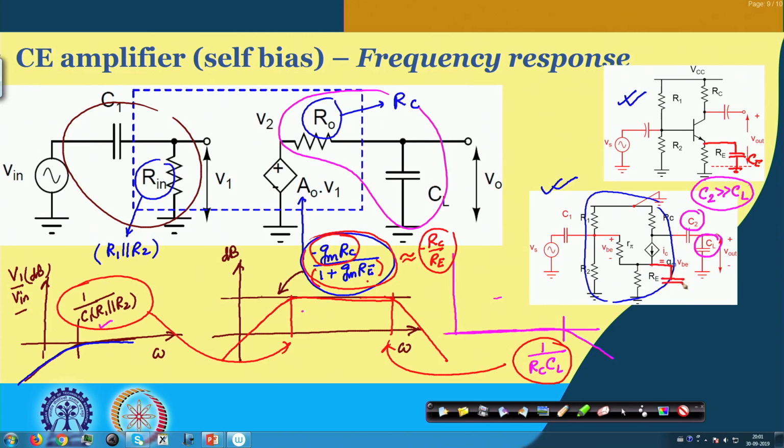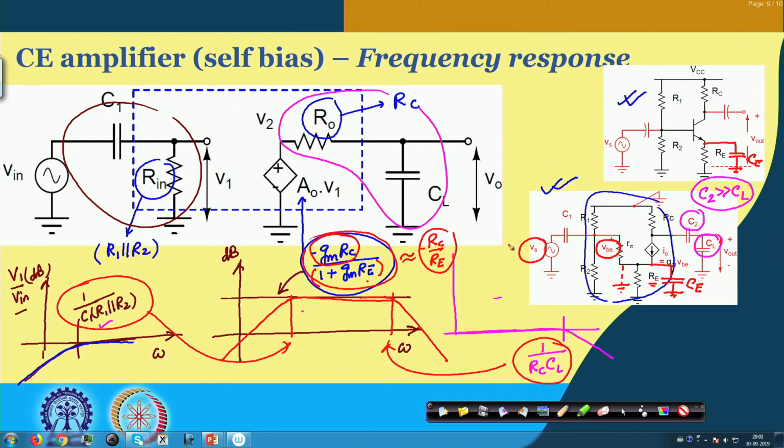and then in the frequency response it will definitely have some impact. So, what we are expecting here is that this CE part will be here, and intuitively what we said is that in the mid frequency range, this CE may be completely bypassing this Re, making this an AC ground, and hence the VBE is equal to Vs, the primary input.